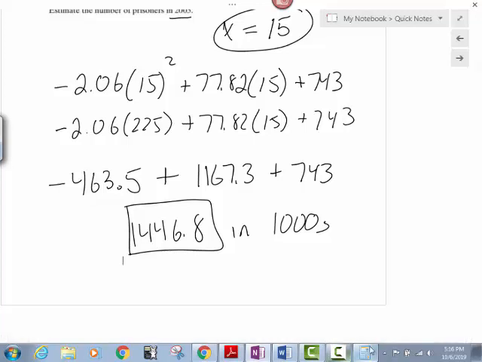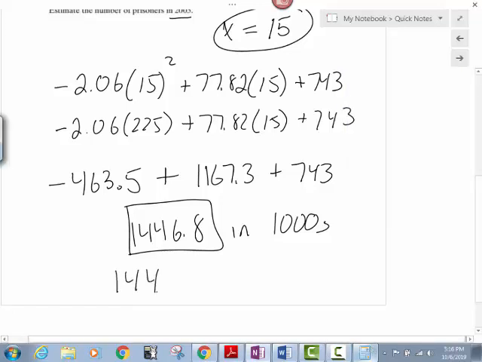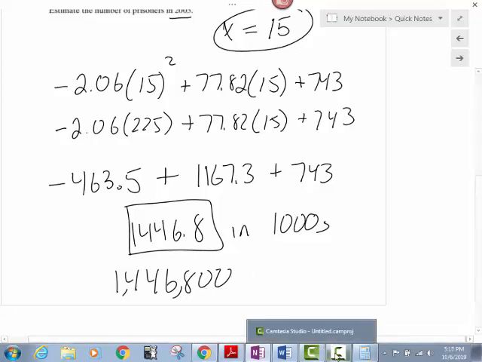But if you wanted to know what that number really looks like, that number would really be 1,446,800. But this is the number we would enter in, okay? And that is 4.3.